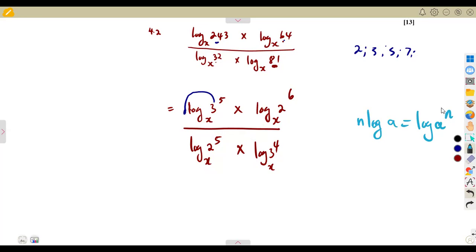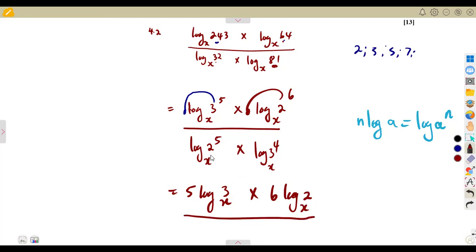If I'm given it as an exponent, I'm going to drop it to multiply the log. That means I'm going to have 5 times the logarithm of 3 in the base of x, times, dropping the exponent, 6 times the logarithm of 2 in the base of x.